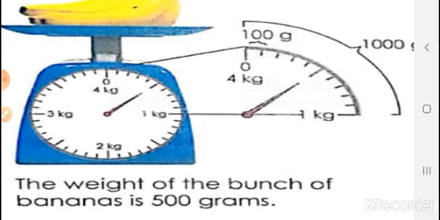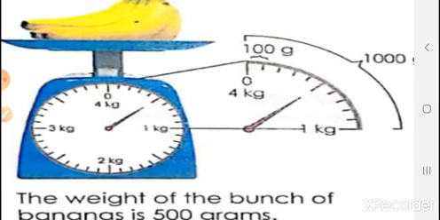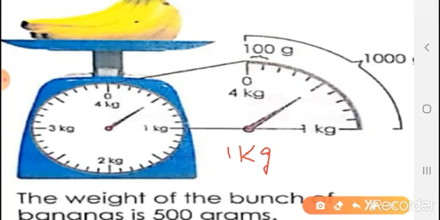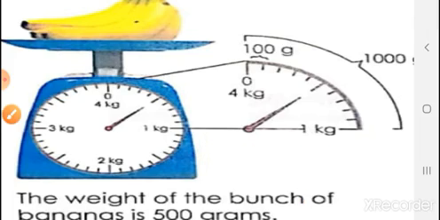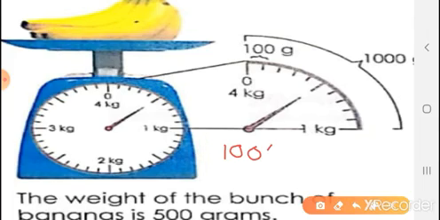If you remember, I told you that 1 kg is equal to 1000 g. So, if you want to know about these intervals, we have to divide 1000 by 10.